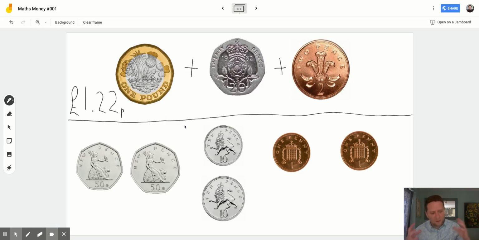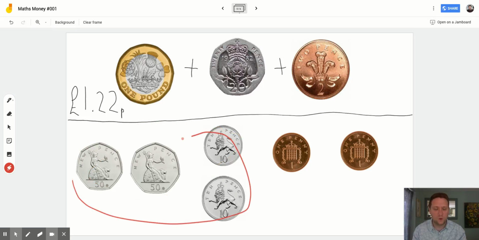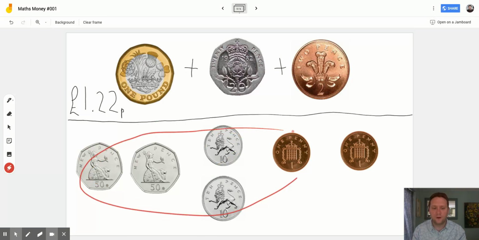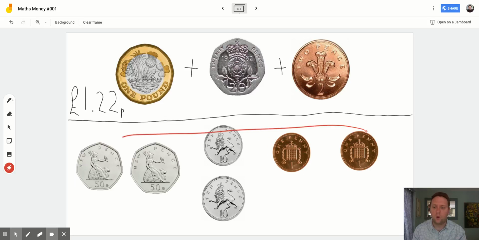Now I'm looking at the second one below, and there's more coins there. So you would think if there's more coins, it's going to be worth more in the total. It always is going to be harder to count, I suppose. You've got 50 plus 50 is 100 pence. 100 pence is the same as a pound. So I can go 50, £1, £1 10 pence, £1 20 pence, £1 21 pence, £1 22 pence.